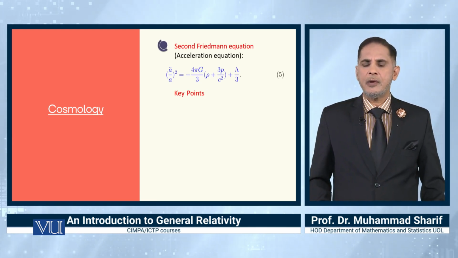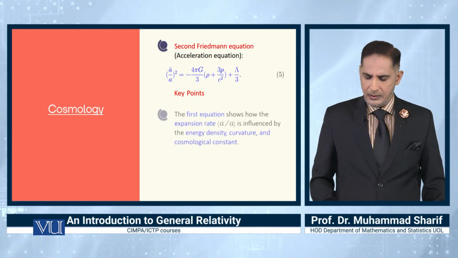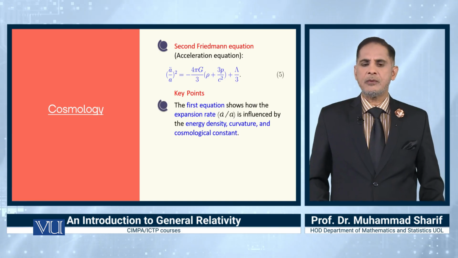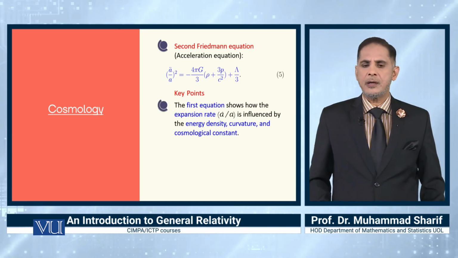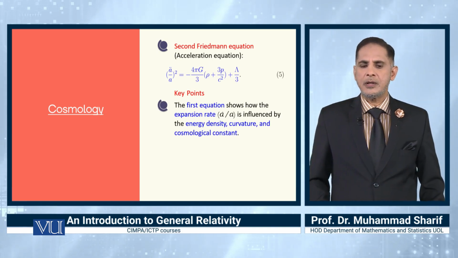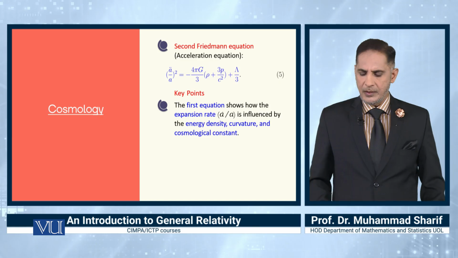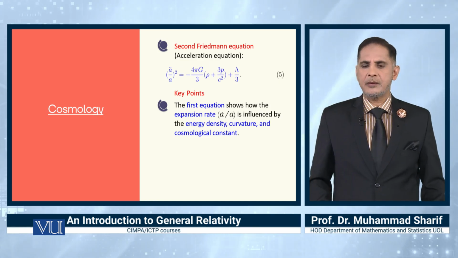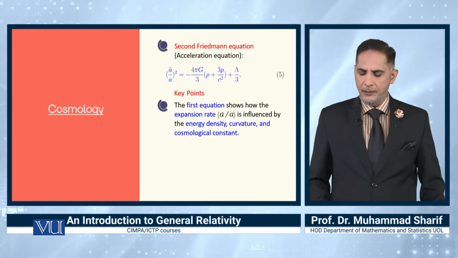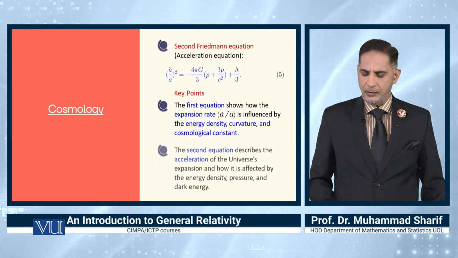Now we can have some observations from these equations. We can see from the first equation how the expansion rate is influenced by the energy density, curvature and cosmological constant. But in the second equation, which is the acceleration equation, we have density and pressure.